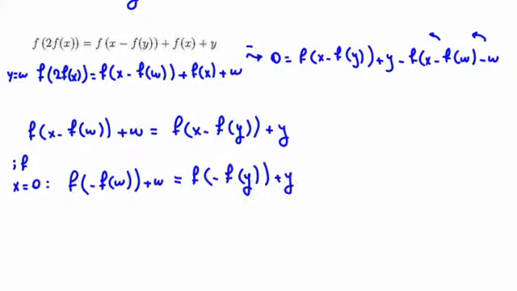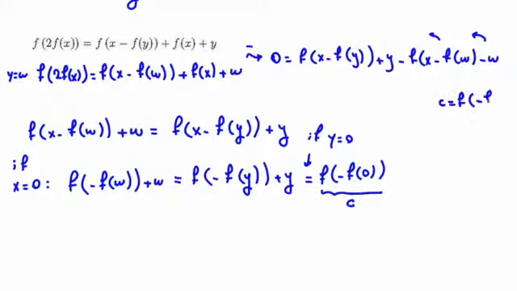And now here, we can say, okay, for y equal to 0, if y equal to 0, then we have f of negative f of 0 plus 0, which is, you can cancel this 0. We can call this one c. Okay, so our c is a constant equal to f of negative f of 0. So for all w, we conclude that f of negative f of w, for example, equal to c minus w.